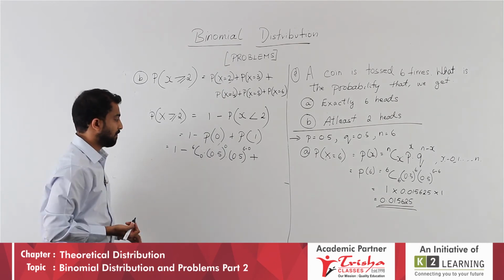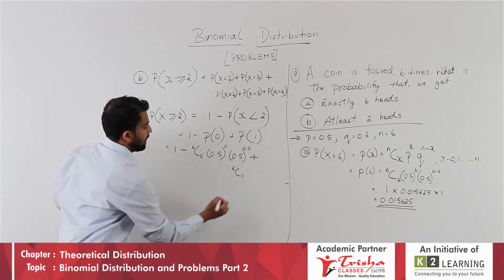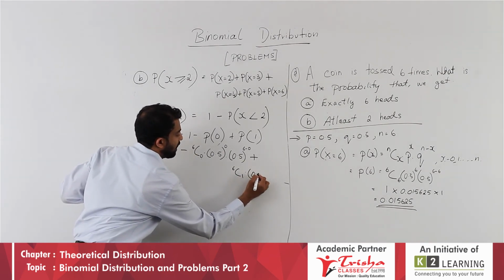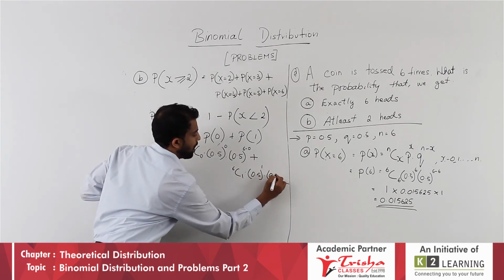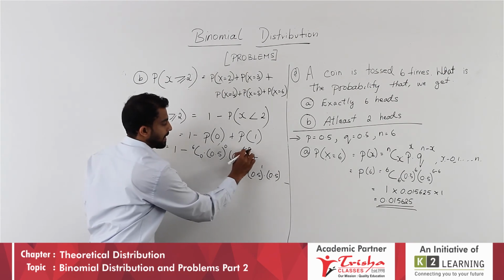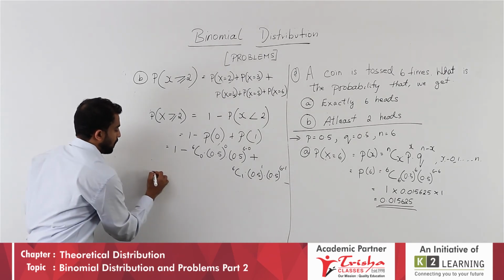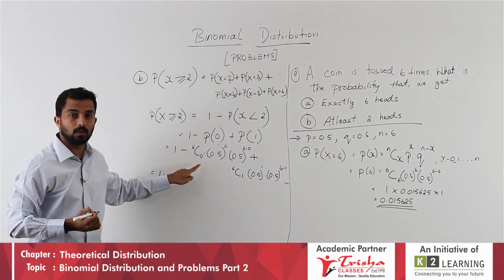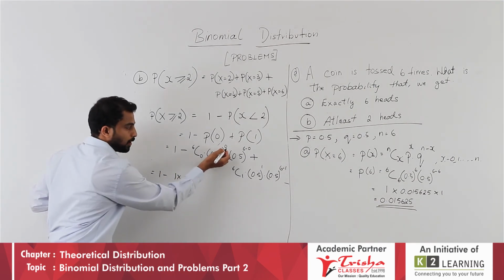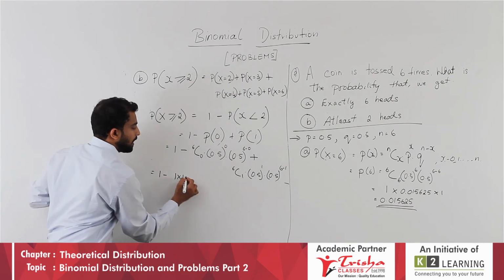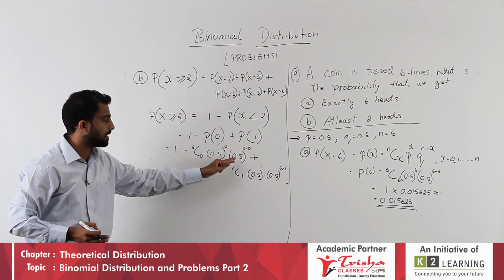P of 1 is nothing but 6C1 into 0.5 to the power 1 into 0.5 to the power 6 minus 1. Okay, let us solve this now. 1 minus, how much is 6C0? NC0 is always 1, into anything to the power 0 is also 1, into 0.5 to the power 6 minus 0, which is 6.